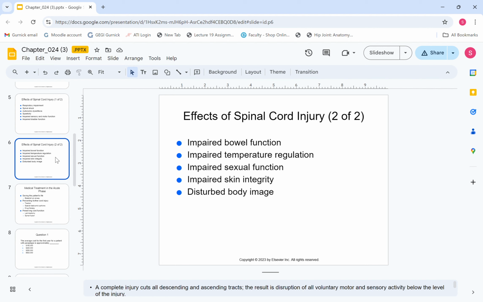Impaired temperature regulation. They may have trouble adjusting to temperature. They may be too warm all the time, or maybe they're cold all the time. So we want to keep a close eye on the temperature of the room.